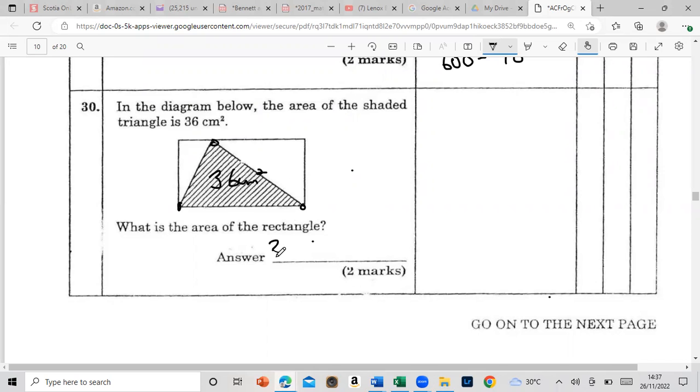So it will be 36 multiplied by 2. So that's actually 72. And if I look at it, guys, if we pull this down to here, it would be half, right? So that would make it a half.